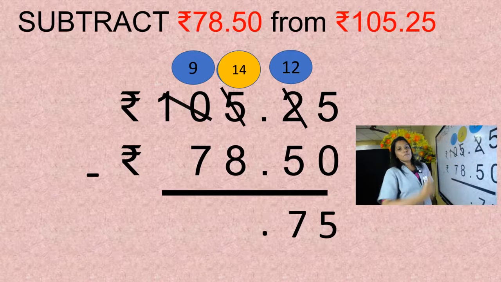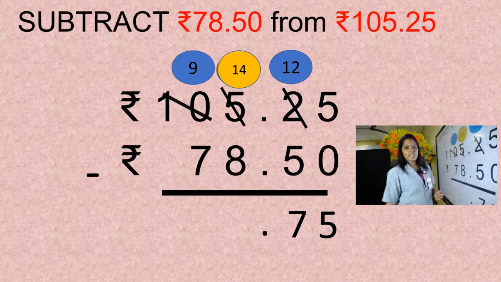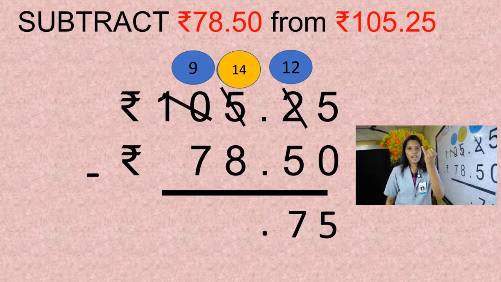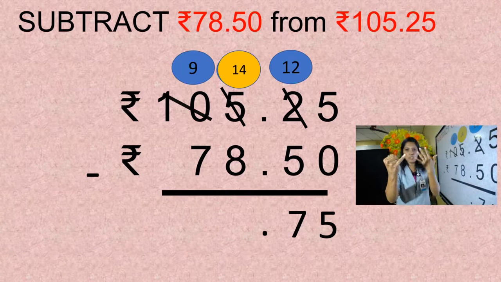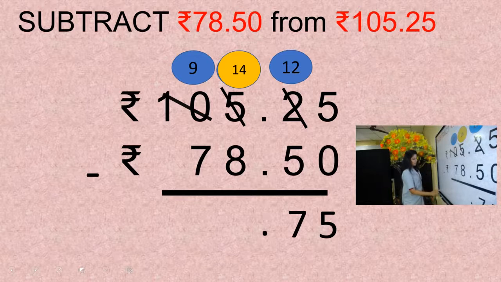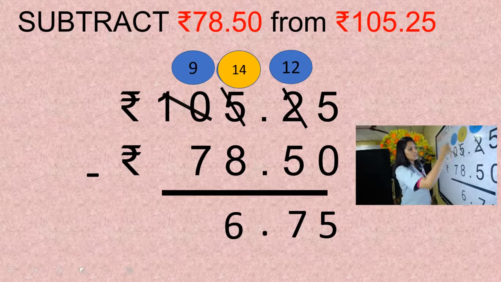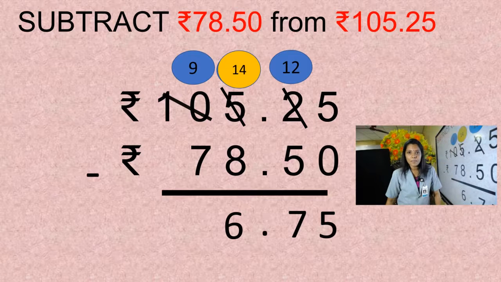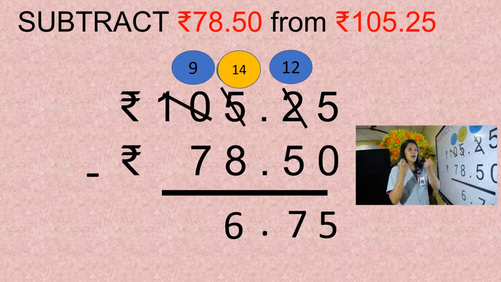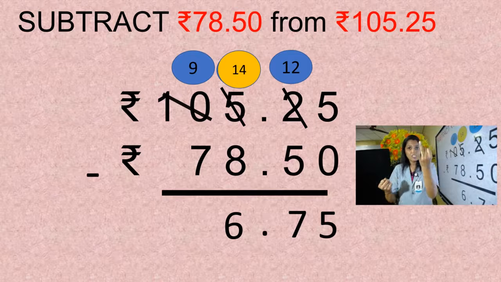Now reduce 8 from 14. Yes, after 8, 9, 10, 11, 12, 13 and 14. How much did you get? 6. And here you can reduce 7 from 9. After 7, 8, 9.